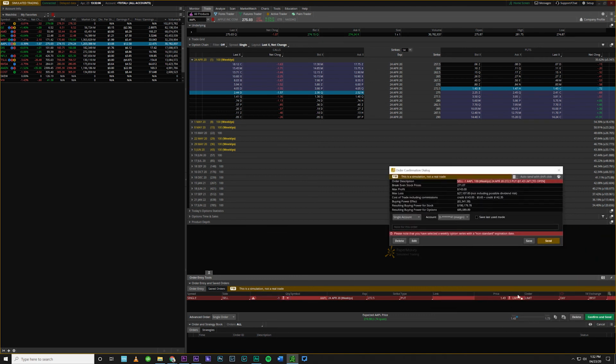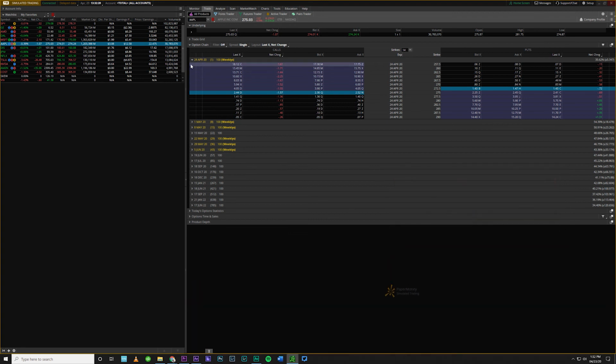Remember that. $1.43 is actually $143, not $1.43. So for each penny you are paying, it is actually $1. Keep that in mind. So I would be collecting $143, and if this contract expired worthless, then I would get to keep that money, and the other person that bought the contract from me would be out of the money.